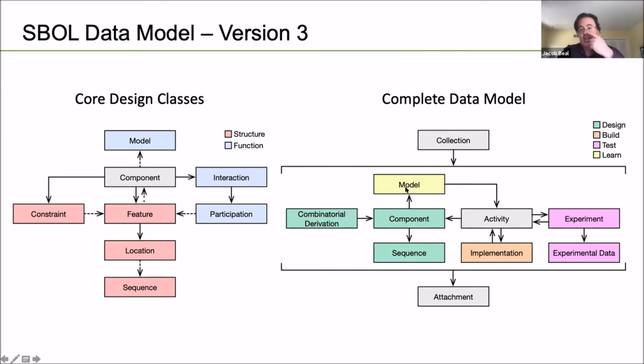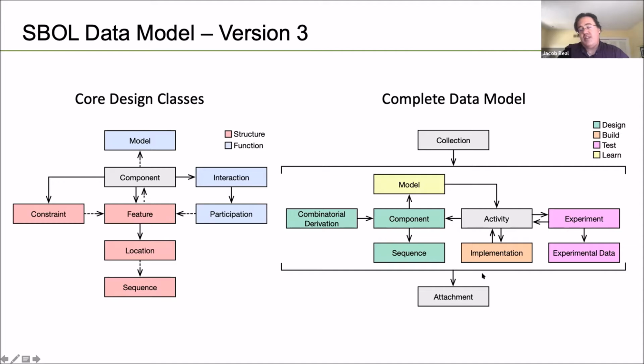Models are essentially link outs to models in any other platform. And this is all in the digital world. When you actually go into the lab, if you want to talk about a specific aliquot in your lab or a specific replicate in an experiment, that's what implementations are for.